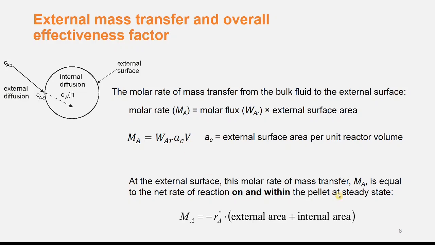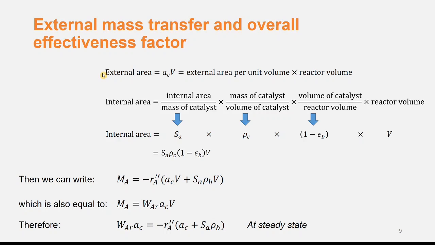At steady state, the molar rate of transport of A to the surface of the catalyst pellet must be equal to the total rate of reaction on the surface of the catalyst pellet as well as inside it. So the external area is, as we have just seen, a_c times V, which is the area per unit volume times the reactor volume.